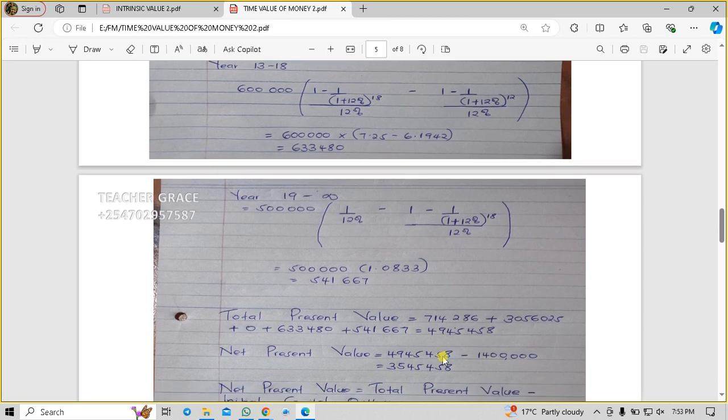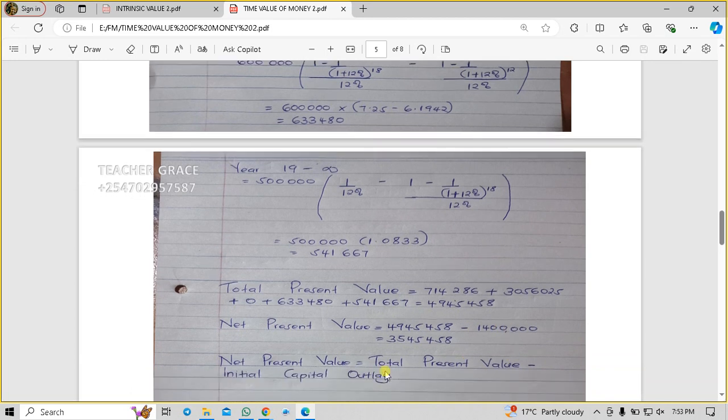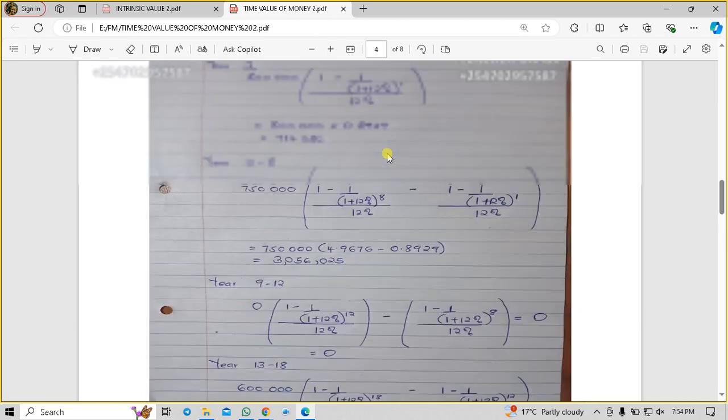So I want to reach up to net present value, then you can ask any question that you have. For net present value, we normally take the total present value minus the initial capital of the project. So net present value is equal to total present value minus initial capital outlay. So our total present value is 4,945,458 minus the initial capital for the project.